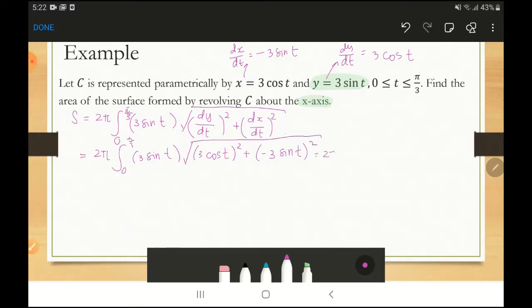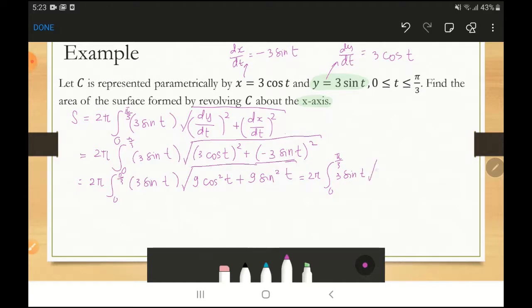So we have 2 pi, 3 sin t, root of 9 cos squared t plus 9 sin squared t.